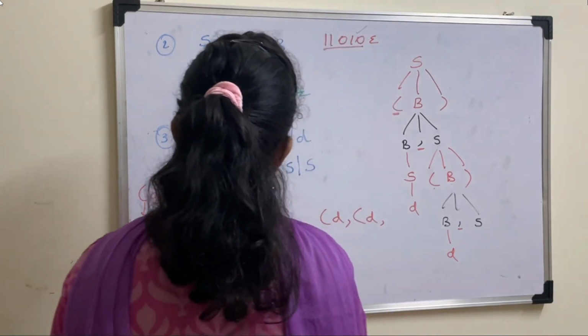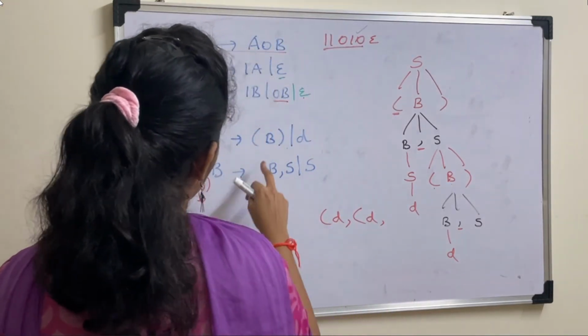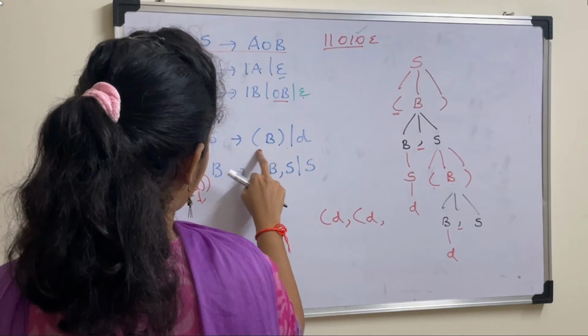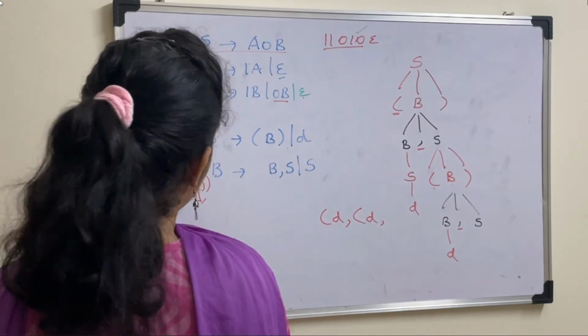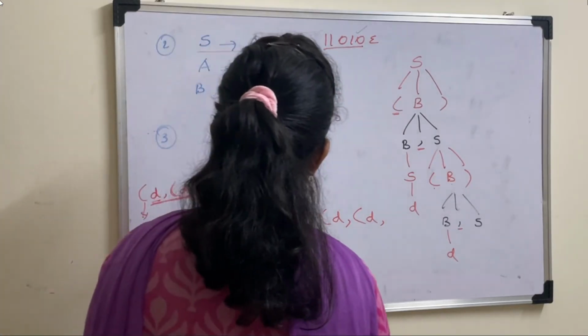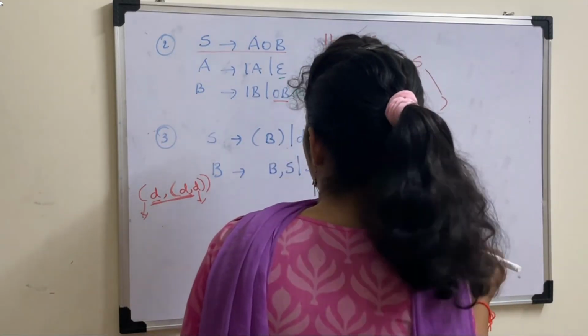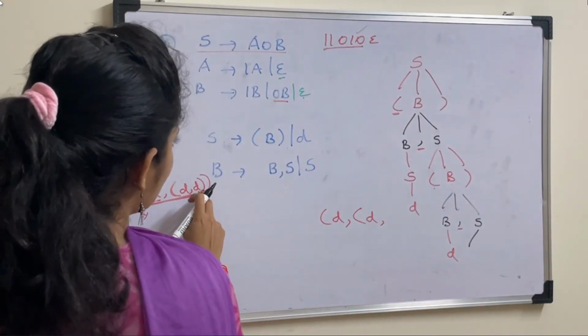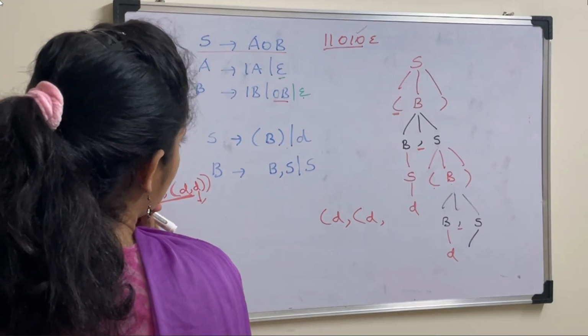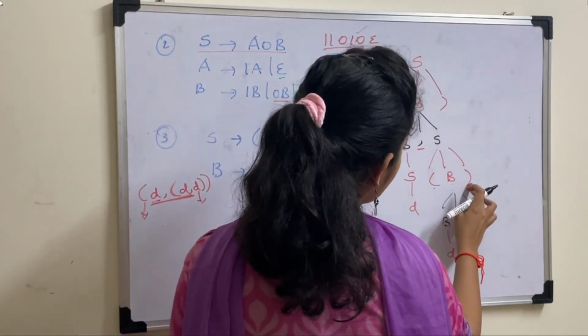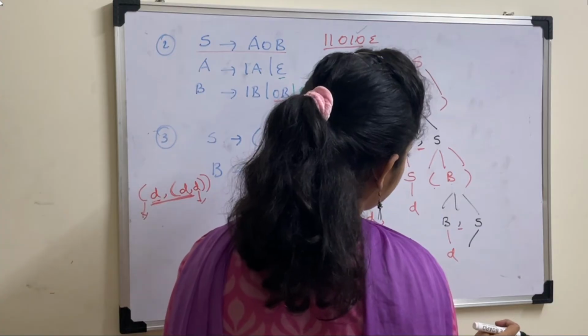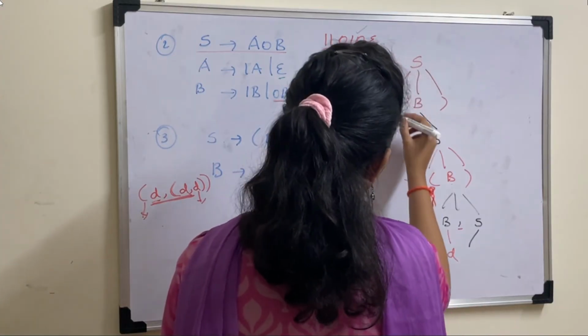So how will we get that? Again you need to take this B, because we need a close bracket in this case. Sorry, we already have a close bracket here, so you can generate it like this.